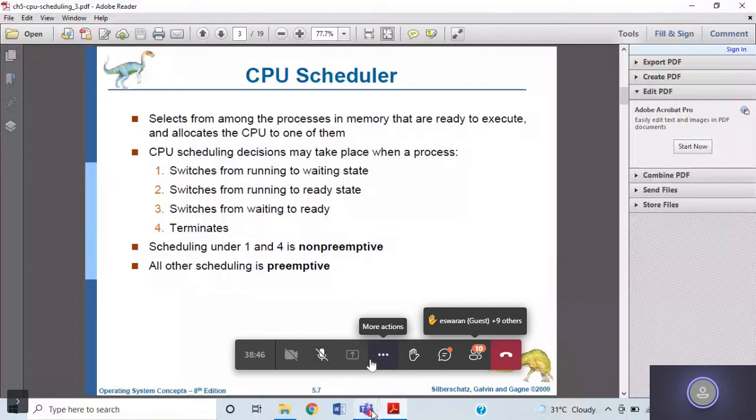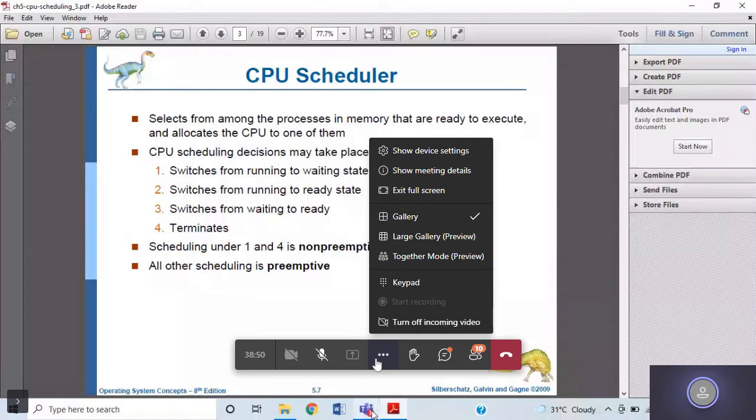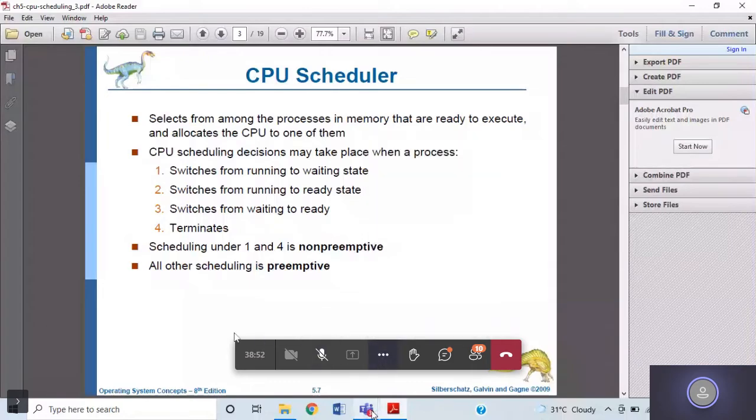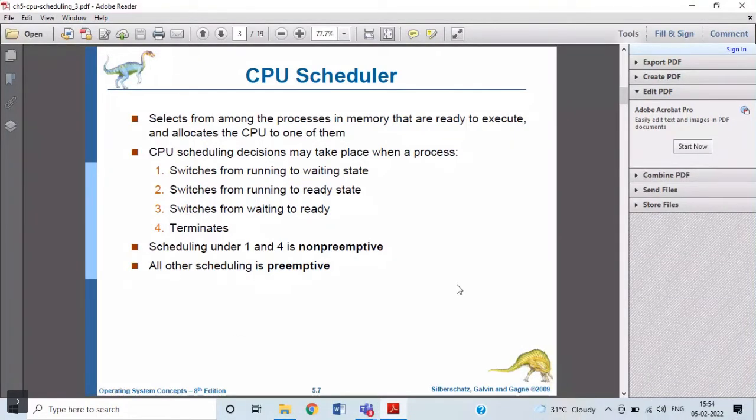Okay. So CPU scheduler. What do you mean by CPU scheduling is one of the very important concepts in operating system. How the CPU is scheduling the main memory or the processor to the process. So it selects from among the processes in the memory that are ready to execute and allocates the CPU to one of them.